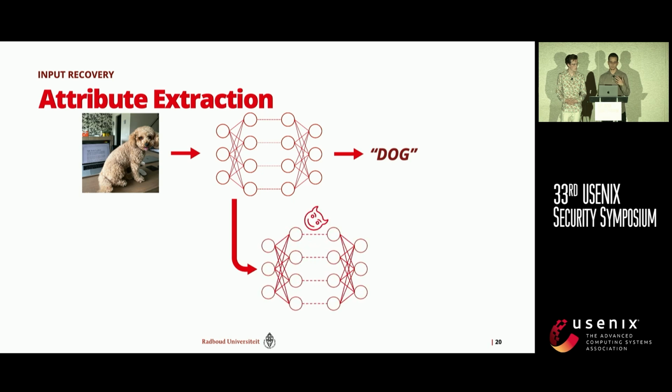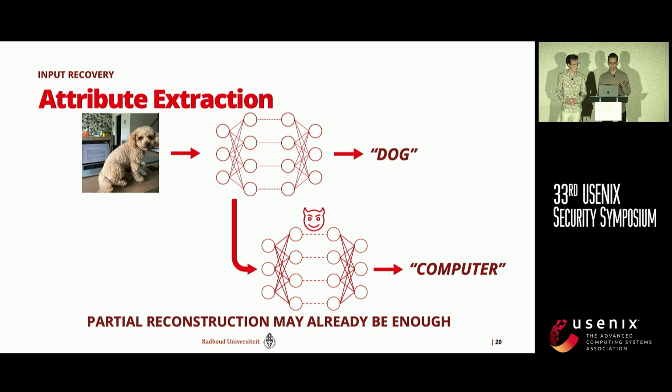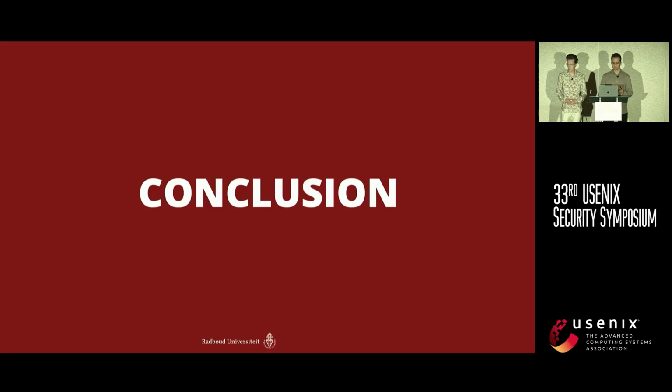So for example, we measure the power trace, and given the power trace, we can classify that there is indeed a computer in the image. So our conclusion is that partial reconstruction may already be enough in the case of input recovery.